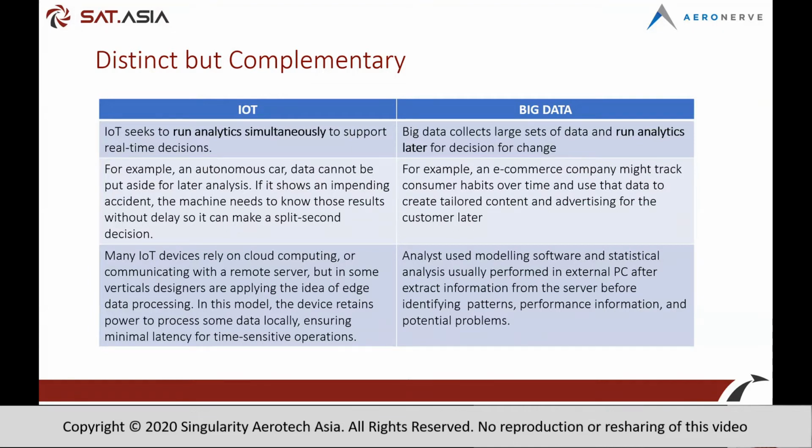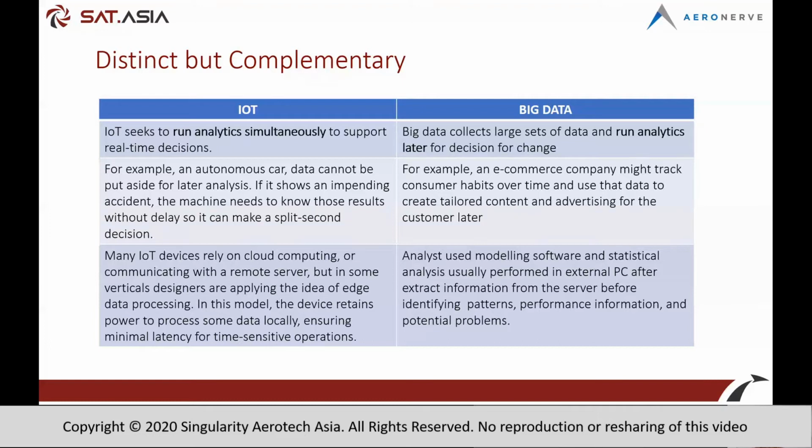So we are starting to see a movement towards what we call edge data processing. Traditionally, you used to do processes in the cloud, but now they are moving towards having those decision-making processes, analysis, or data processing as close as possible to the source of that information.